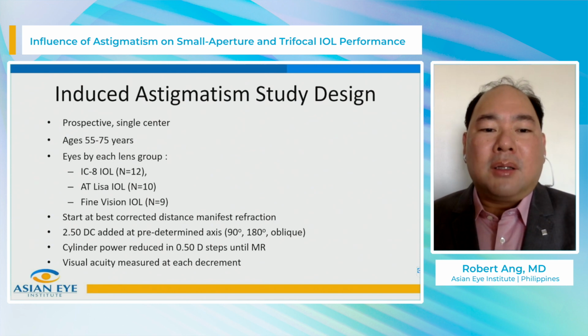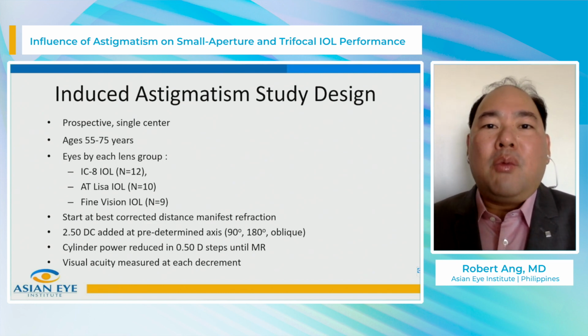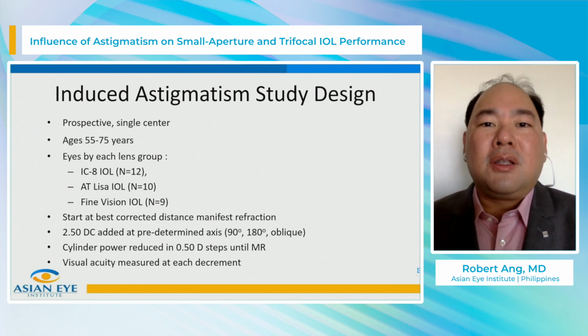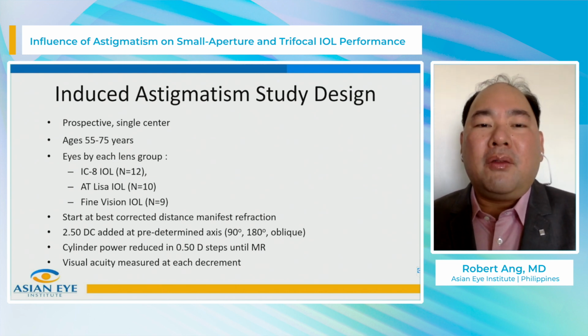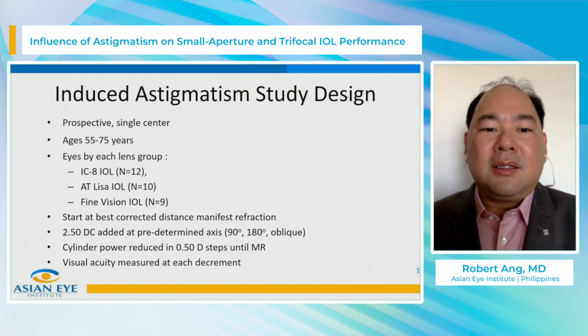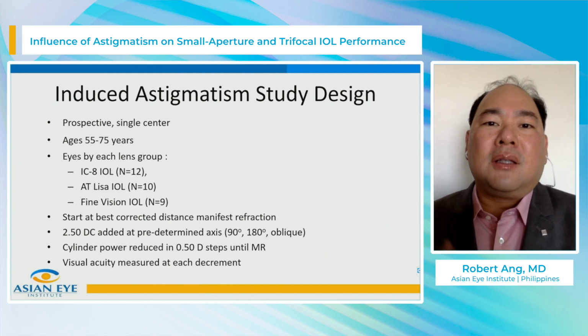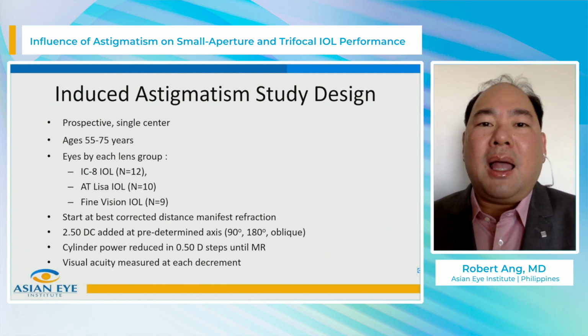How we did it was we started with the best corrected distance manifest refraction, meaning we wanted to neutralize all residual manifest refractive errors. And then we started putting a 2.5 diopter cylinder lens at three selected axes. One is at 90, one is at 180, and one is at the oblique axis.